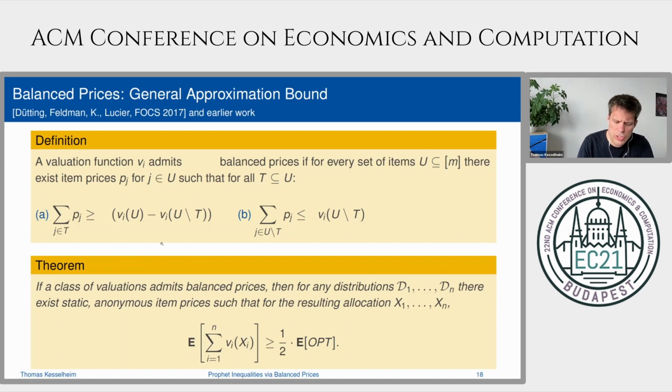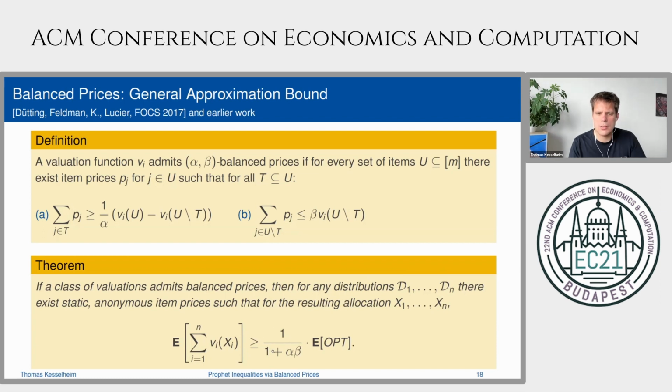Namely, what if your function does not admit balanced prices in this very strong sense, which, by the way, if I'm not mistaken, is only true for XOS functions? Well, then you can introduce some constant factors here. You can introduce some alpha and some beta, and then this nicely goes through this entire argument. You can just generalize the argument that I was presenting to you, and then you'll get a 1/(1+alpha beta) fraction of the optimal social welfare.